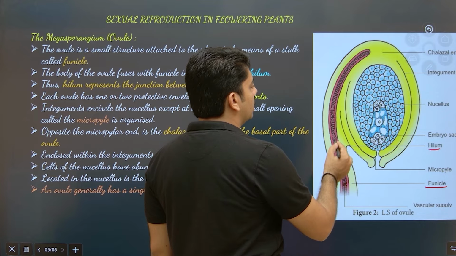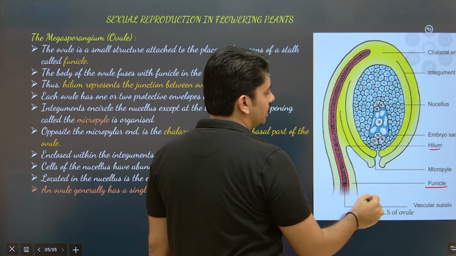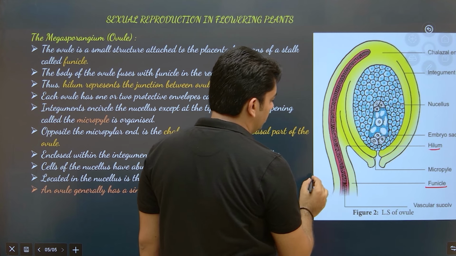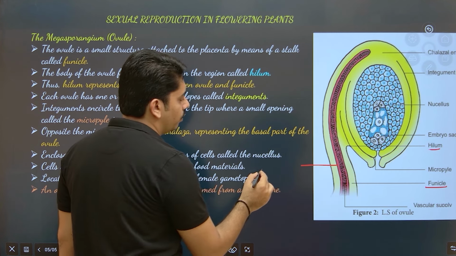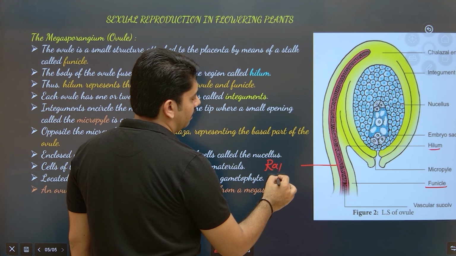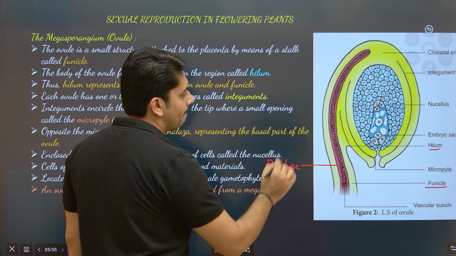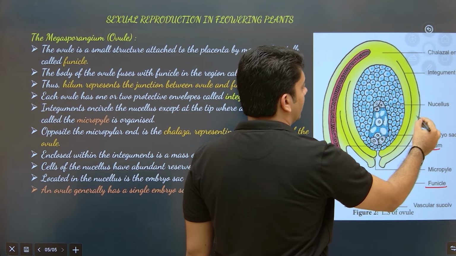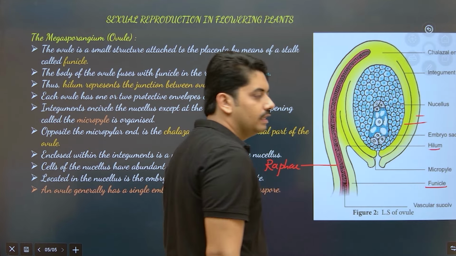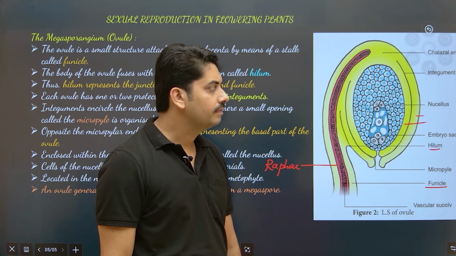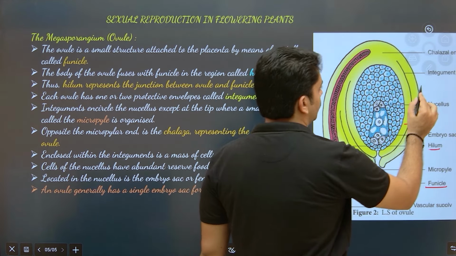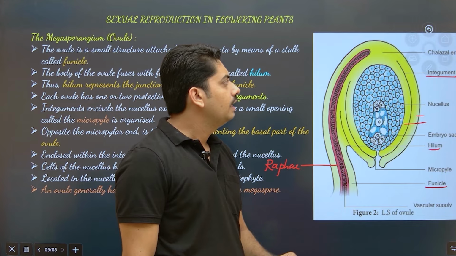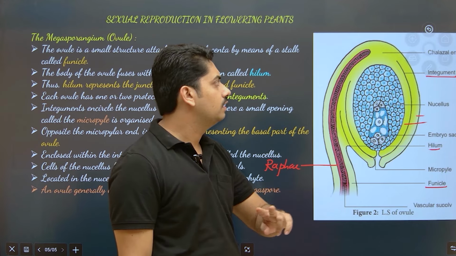There is one strong supportive structure here. This is called raphe. Here it is not mentioned, but actually this strong supportive structure is the raphe. And if you see the body of the ovule, here there are two layers. This is the integument. This integument is interrupted in two regions.